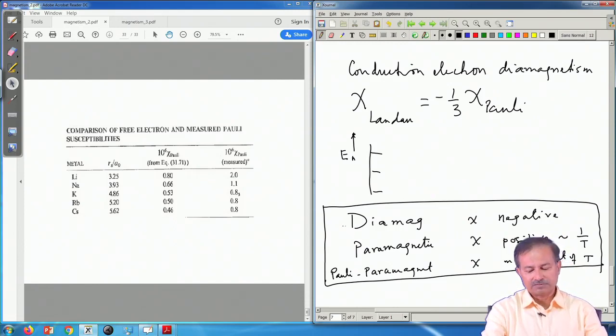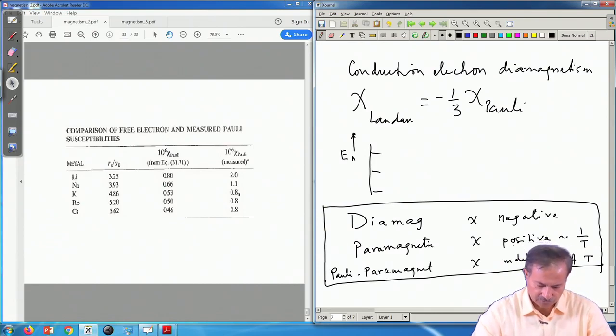So, all this we have discussed is that the magnetization is induced by the field, whereas there are systems like iron, cobalt, nickel, where the magnetization is spontaneous. These systems are spontaneously magnetized. You do not have to put a field to magnetize it, and that is what we will start discussing from this moment onwards.